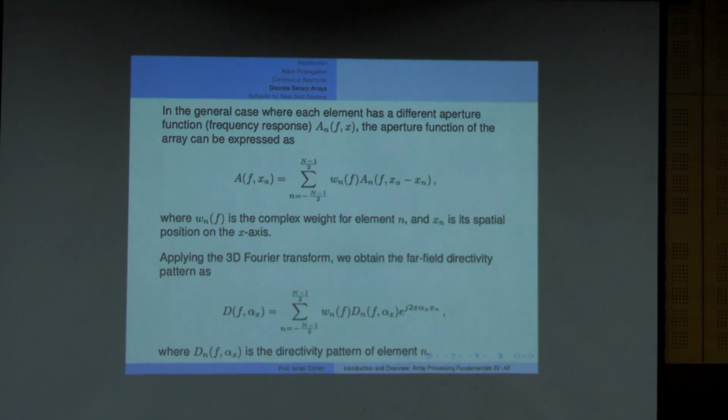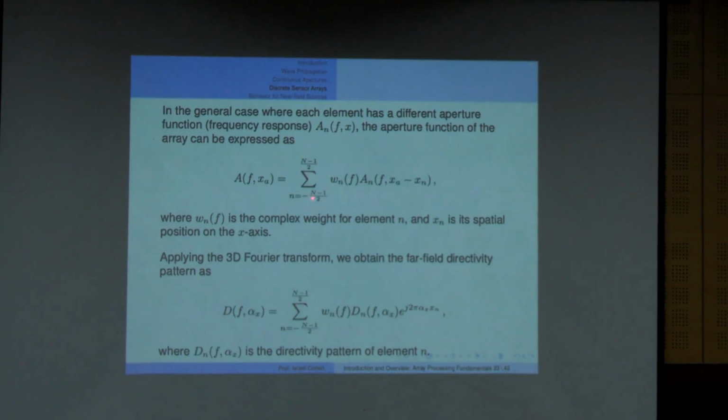The aperture function is actually like what I showed here. It's the aperture function of each discrete sensor. We multiply it with a certain weight. This is part of the design. This enables us, by an algorithm, to design these weights, and then we take the summation.